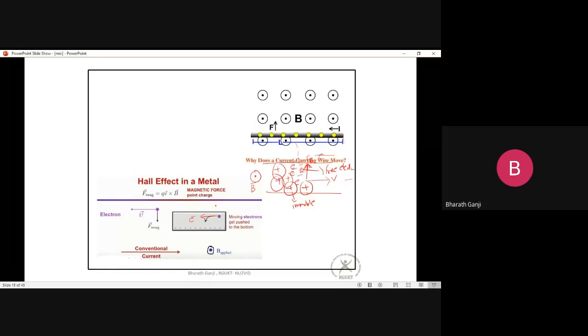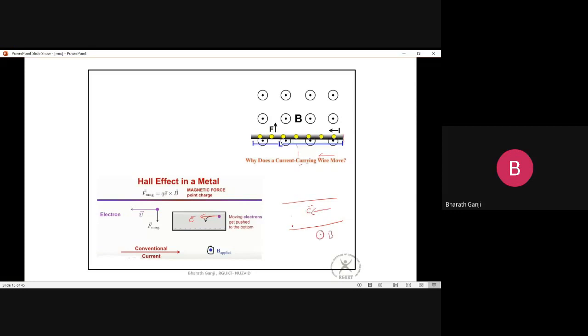That means at every point in this wire there is a magnetic field and the magnetic field is coming out. If an electron is moving like this, that means the current is actually moving in this direction. Then what will be the direction of force on the electron?